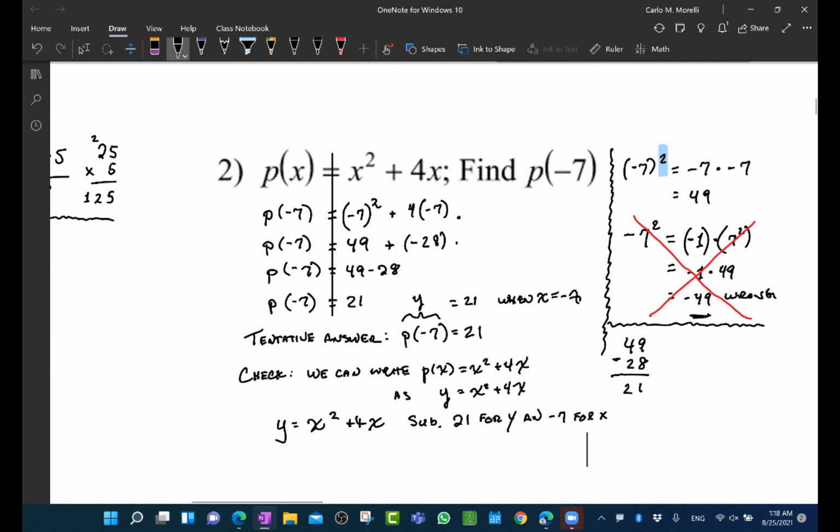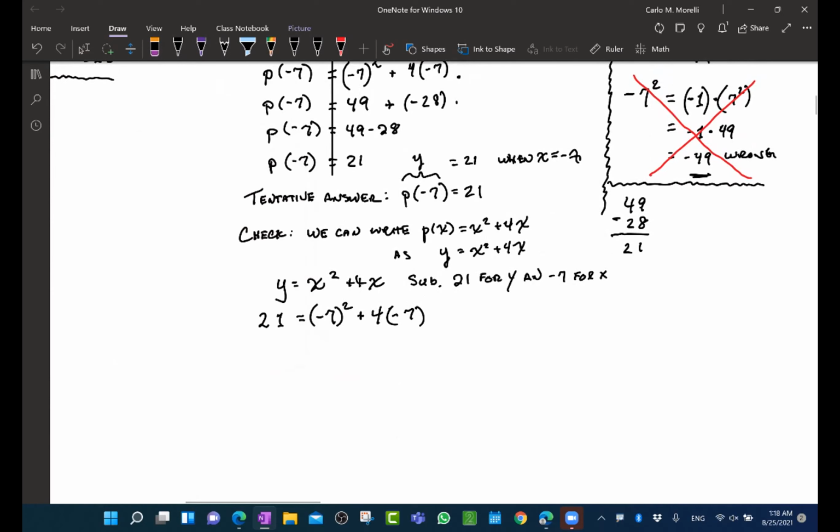And what we're hoping is that the left side equals the right side. So let's substitute that in. Let's write 21 equals, open parentheses, -7 squared plus 4, open parentheses, -7.